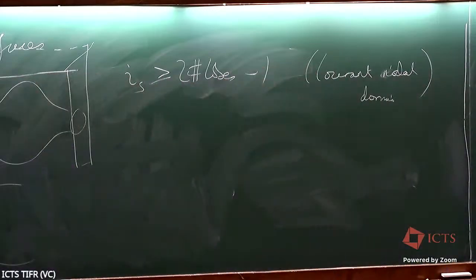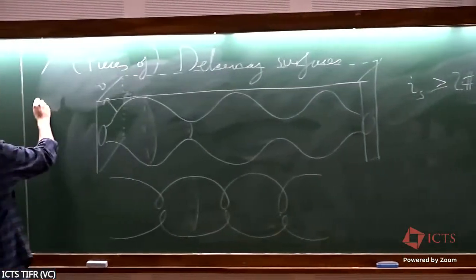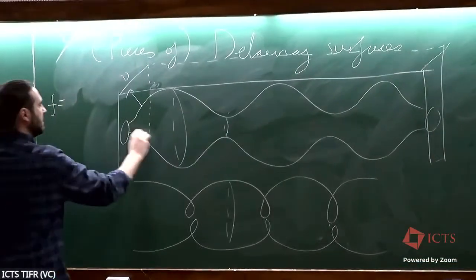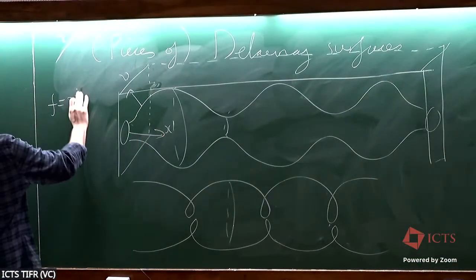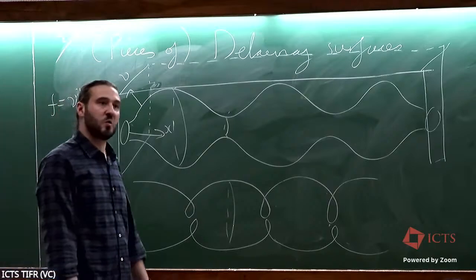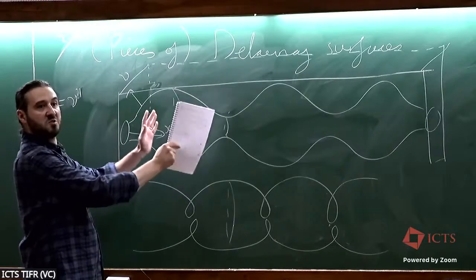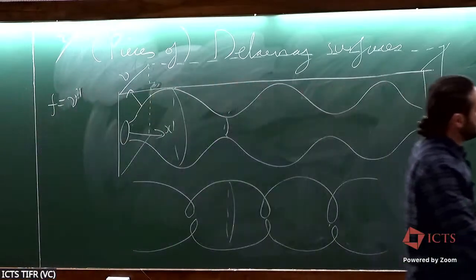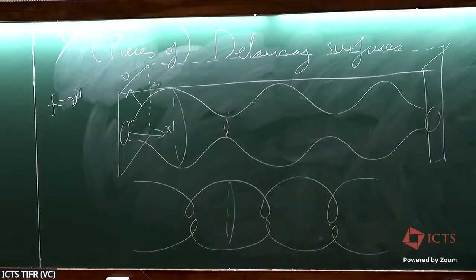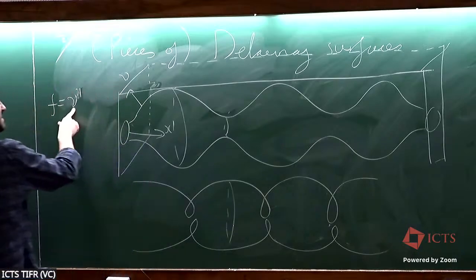So if I consider the unit normal along this surface, and I consider f to be, let's say that's the x1 axis, I take the first component of my unit normal, then every node gives me 2 nodal domains for the third component of the unit normal. And of course, this is also a Jacobi field, right?